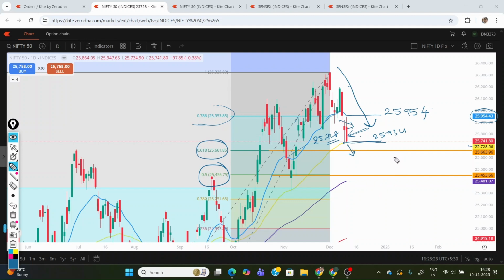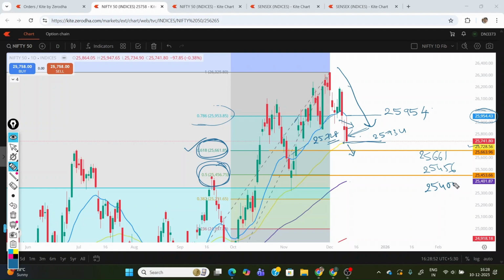So which are the levels one may look out for? For reference, the 0.618 golden ratio Fibonacci retracement is falling around 25,661, the breach of which we will be looking at the 0.5 retracement, that is 25,456. Is it going to happen tomorrow? Not necessarily tomorrow, but we may get to see these levels.